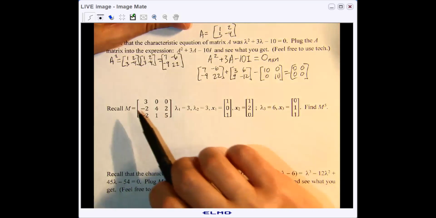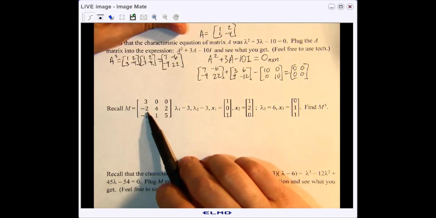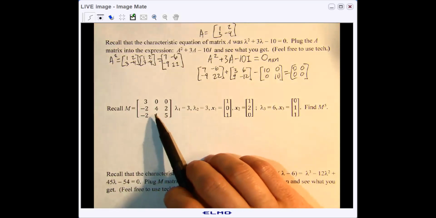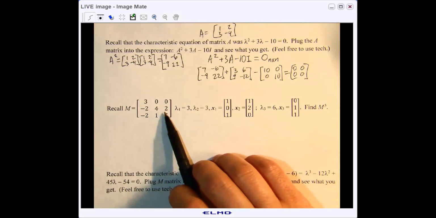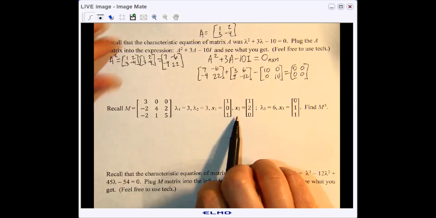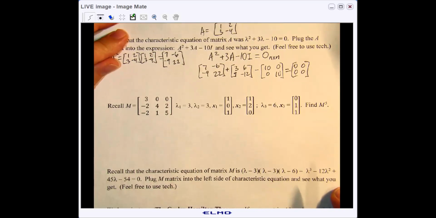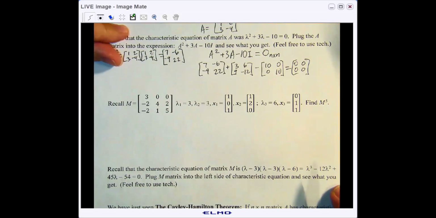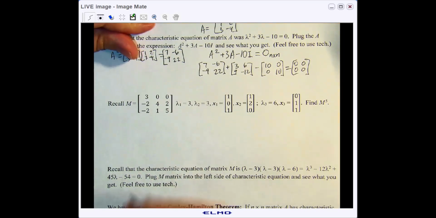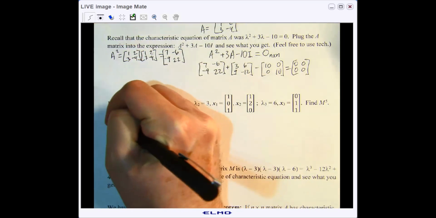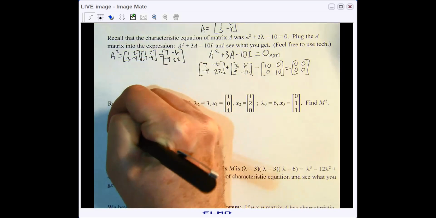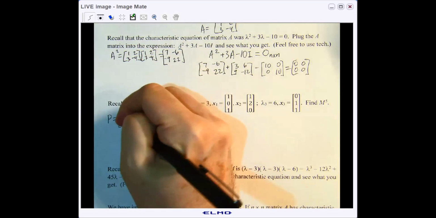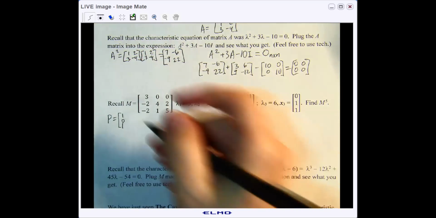So let's quickly remember that matrix M was this guy, and its eigenvalue and eigenvector pairs were as follows. Let's find M to the 5th power here. If we make a P matrix, I'll just use the eigenvectors in the corresponding columns that they already came in.